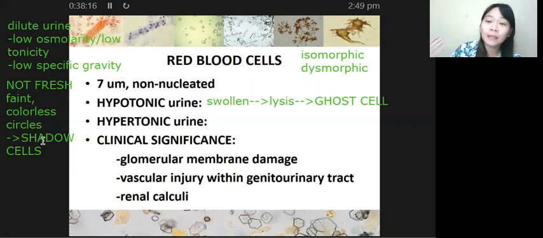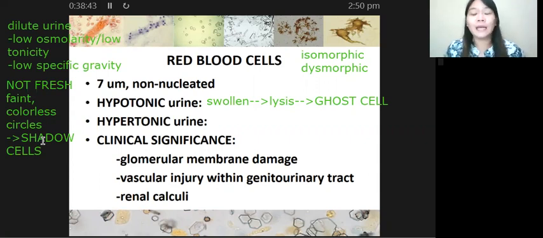The hemoglobin that is present inside your RBCs will undergo dissolution resulting now to a faint colorless circle or faint colorless appearance of your red blood cells, and if this is the case, we refer to them as your shadow cells. Okay, as your shadow cells.